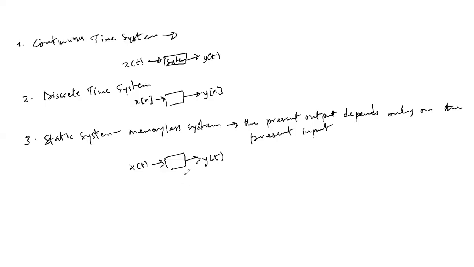So the implication here is that Y of t is the same as S of t. So at t equal to 0, y of 0 is the same as s of 0. And at t equal to 1, y of 1 is the same as s of 1. And at t equal to minus 1, y of minus 1 is the same as s of minus 1.